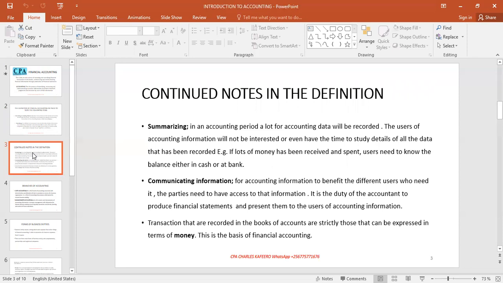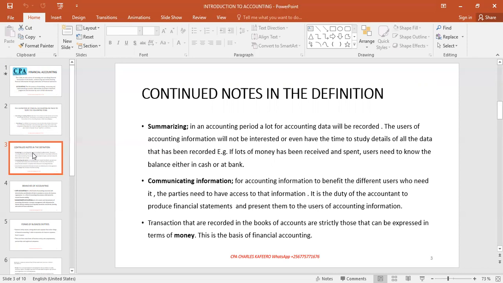Instead of telling someone that I sold these goods and I incurred this amount, they just want to know, if you sold these goods, what profit did we get from there? Or if I gave you some money to buy certain commodities, what is the balance you have at hand after purchasing those goods? That's what we mean by summarizing the accounting information.